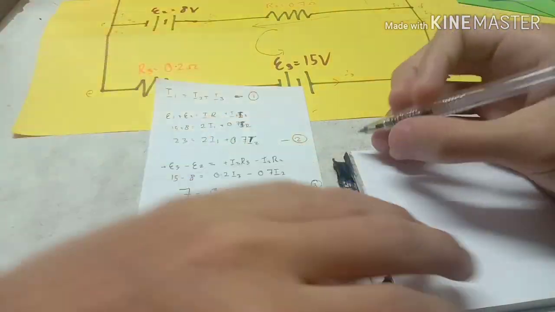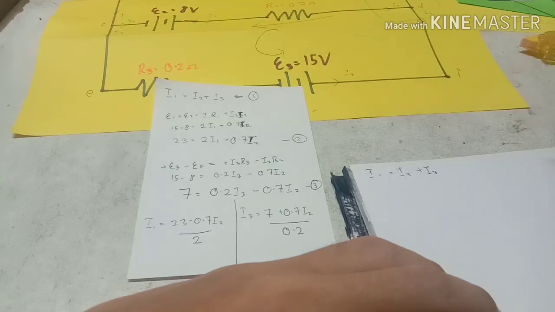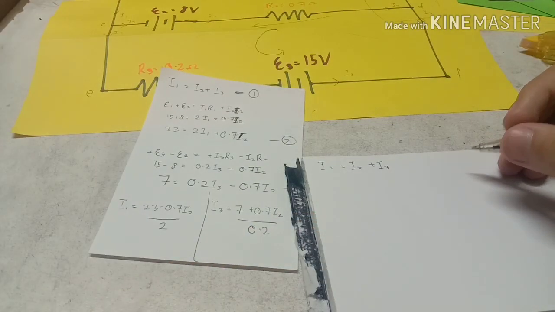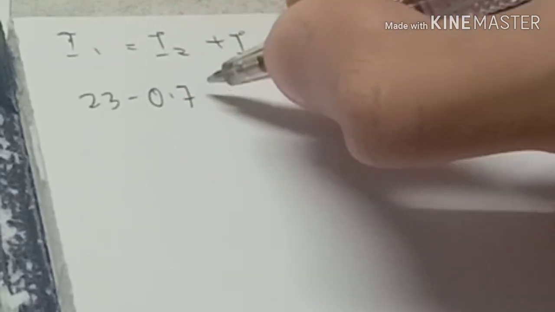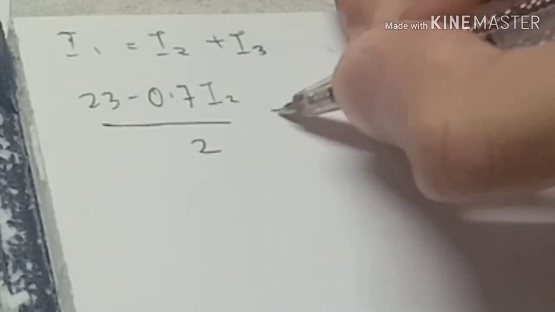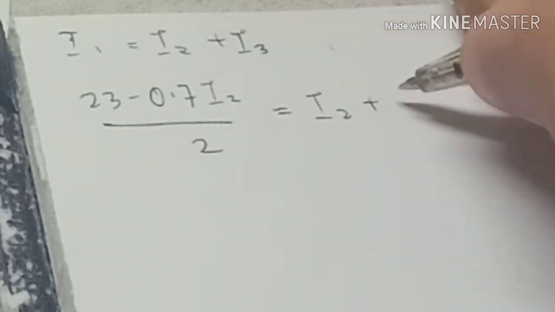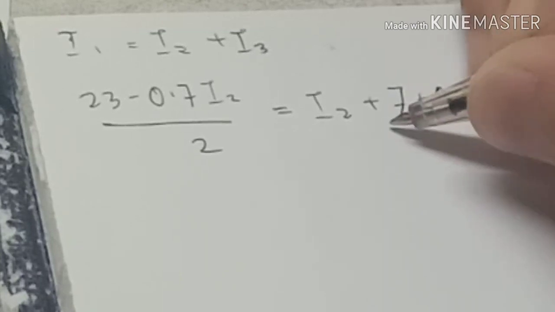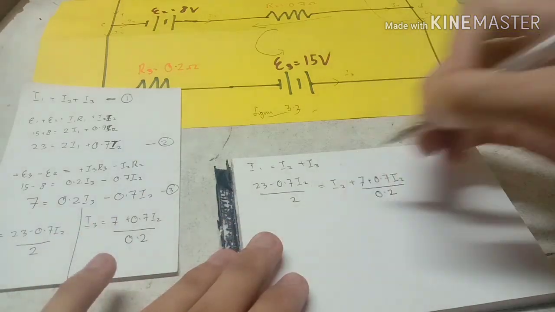The first one is, since I1 equals I2 plus I3, I1 is 23 minus 0.7 times I2 divided by 2 equals I2 plus 7 plus 0.7 I2 divided by 0.2. So now we simplify it by removing the denominator.